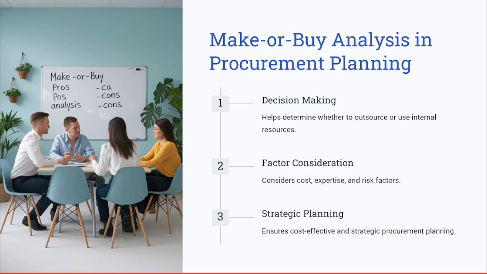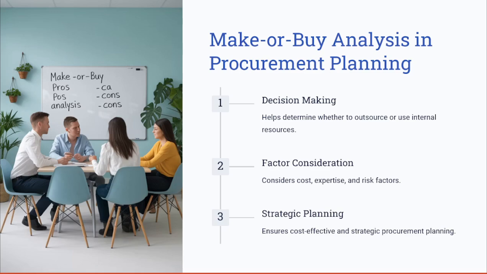This analysis considers multiple factors, including cost efficiency, expertise, quality, and the risk management associated with the procurement. If the external vendors can provide a service at a lower cost with a higher quality, procurement may be the best option.